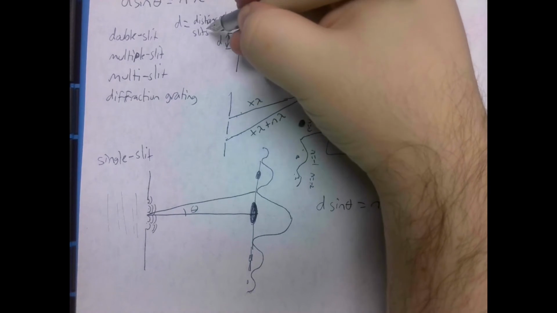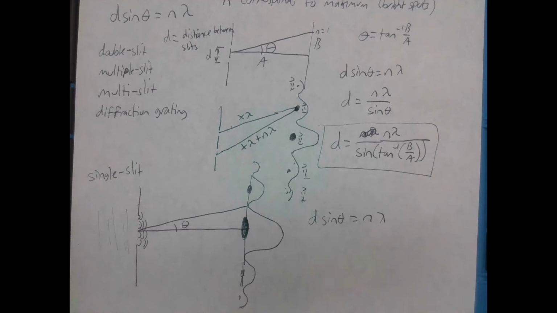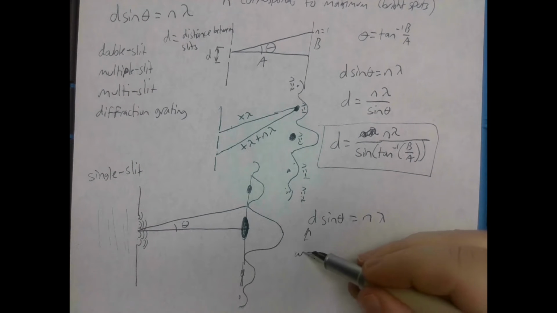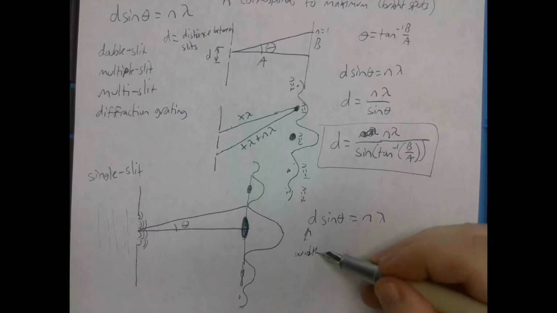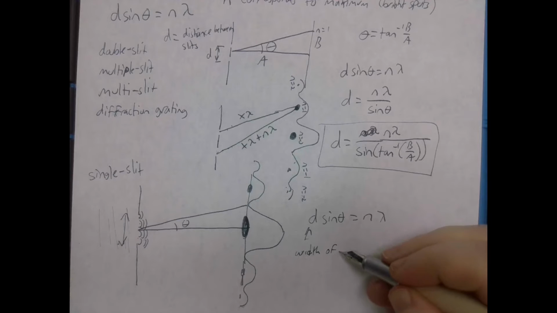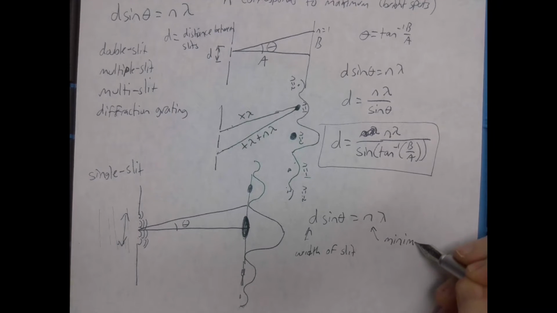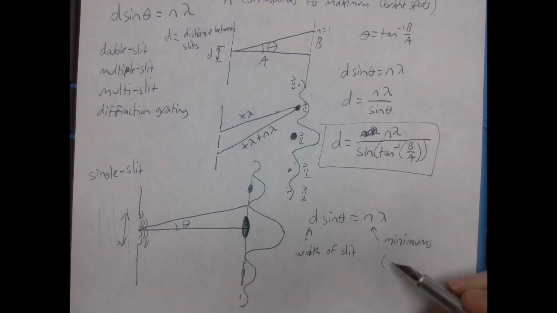It doesn't matter how big the slits are. Here, d is the width of the slit, how big the slit is. And n corresponds to the minimums, the dark spots.